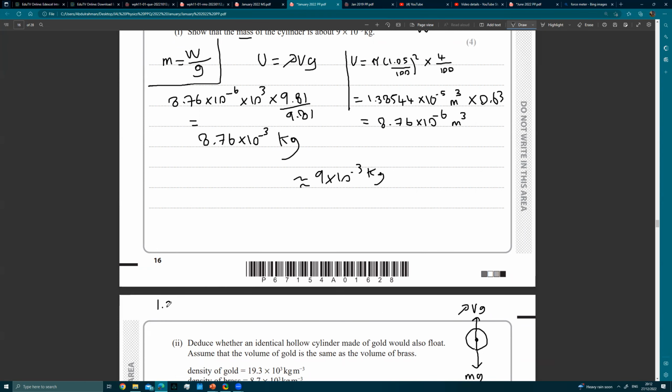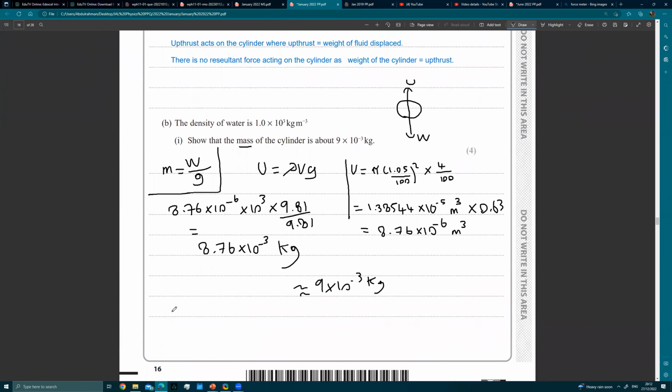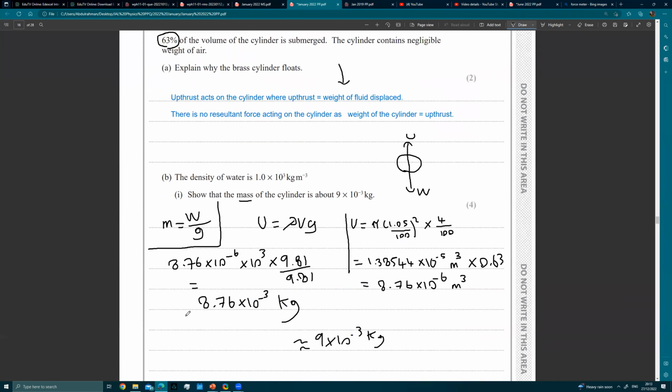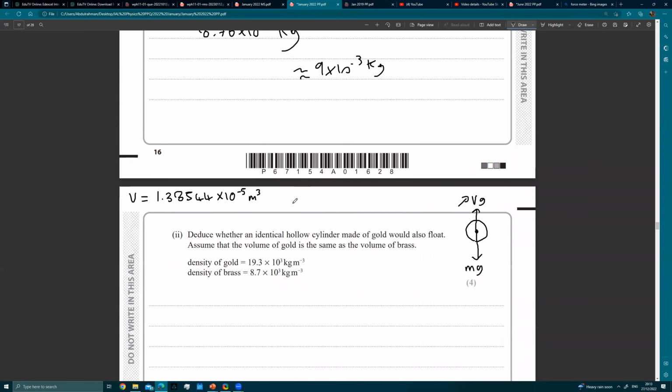But the full volume of the cylinder is 1.38544 times 10 to the minus 5 meters cubed. And what else might you need? Oh, I think that's it really. So the density of water. Density of water is 10 to the 3. Okay.